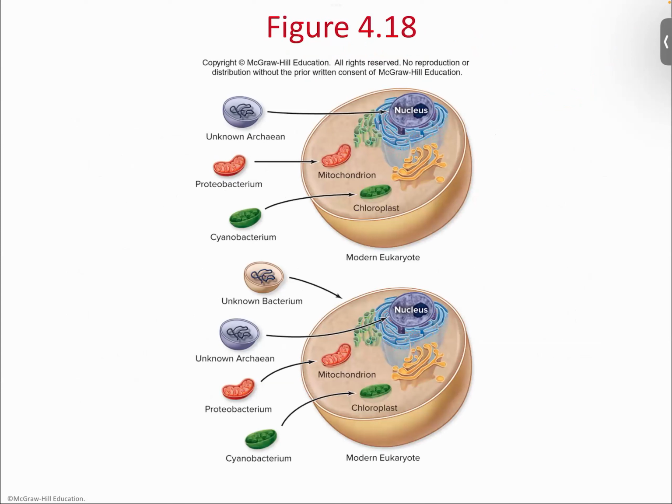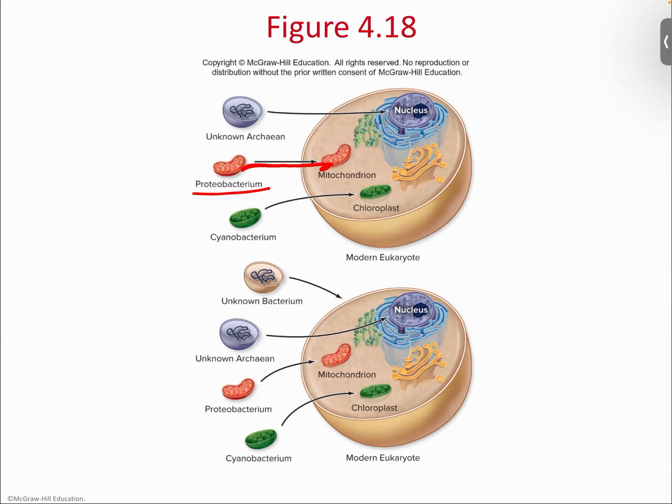So for instance, one of the things that they suggest is that basically what you had back in the day, and we don't know, there's probably at least a half dozen versions of this idea out there. So some say that it was an ancient eukaryote that basically gobbled up a protobacterium, right, an old ancient bacteria.